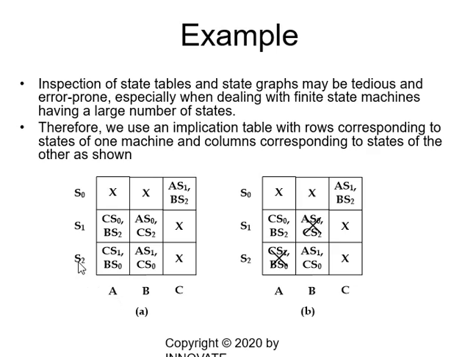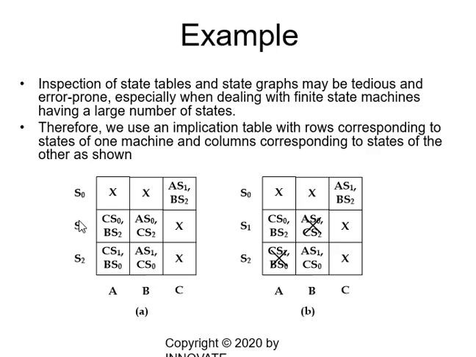And A is equivalent to S2 if C S1 and B S0 are. The same thing with B and S0, they cannot be equivalent, they have different output. B and S1 have implied pairs A S0 and C S2, and the implied pair for B and S2 is A S1 and C S0. These come from the state tables.